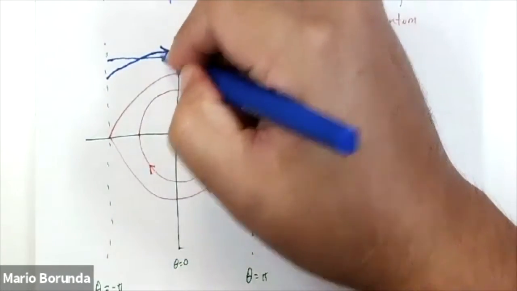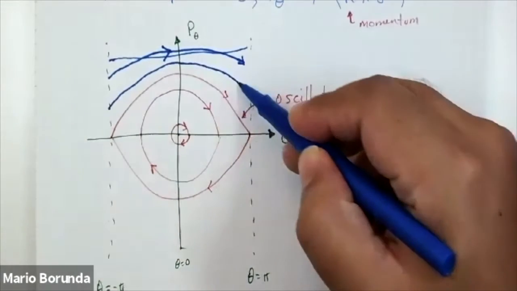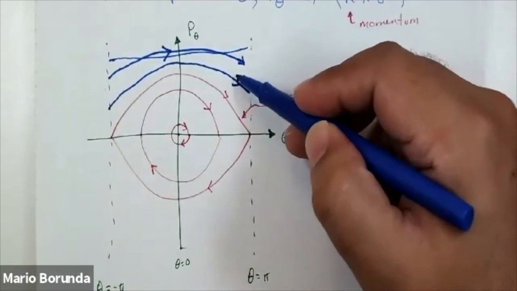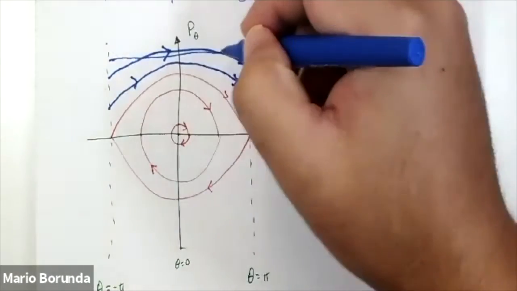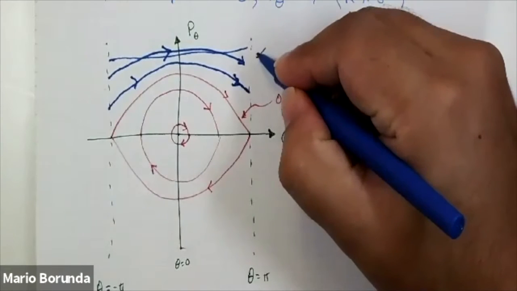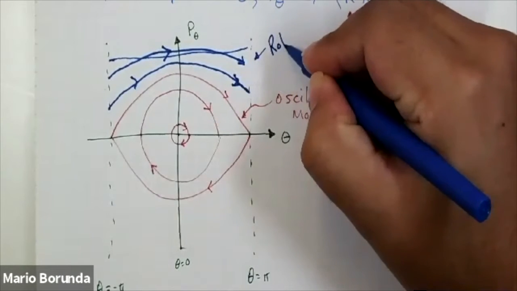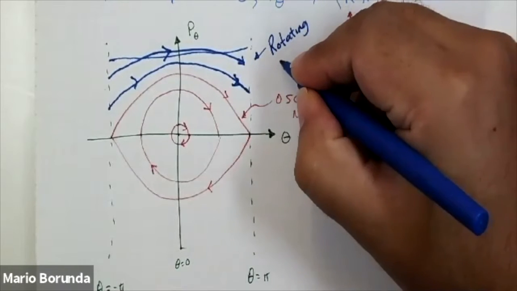Okay? Like this. So maybe if it's going really fast, it doesn't have a curve, but it should have a little bit of a curve. And this motion is rotating. And in this case, it's rotating anti-clockwise.